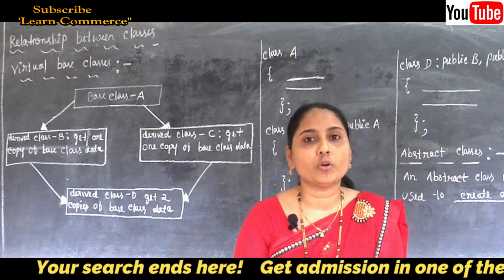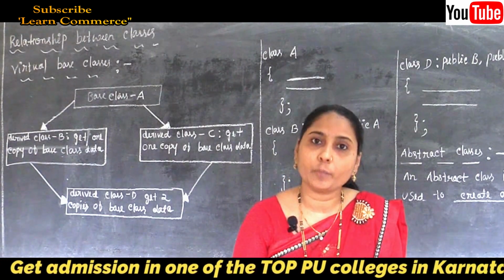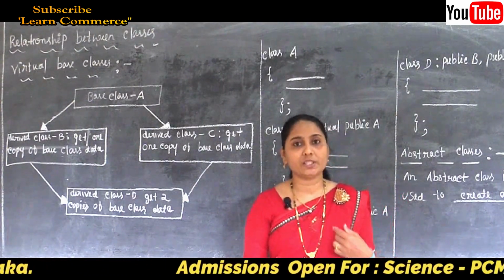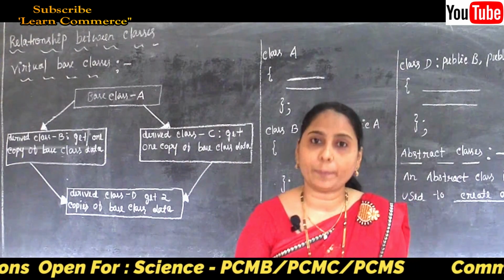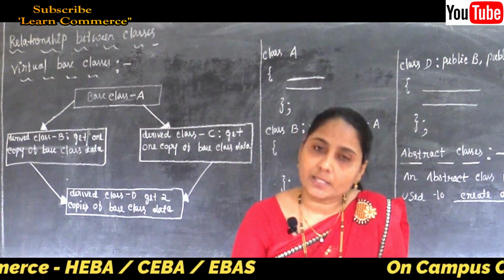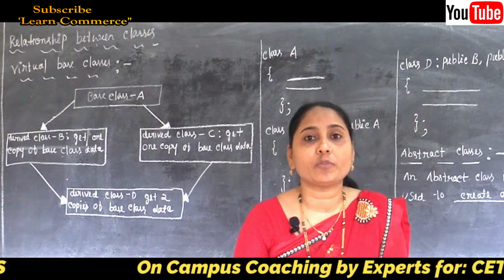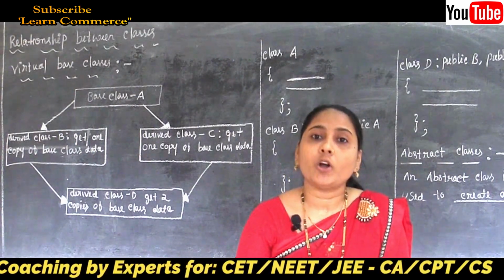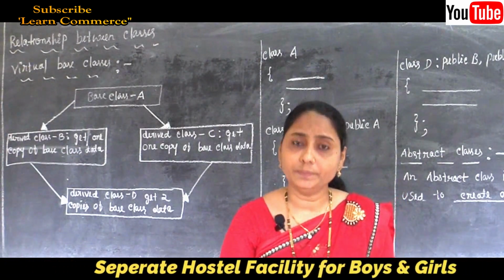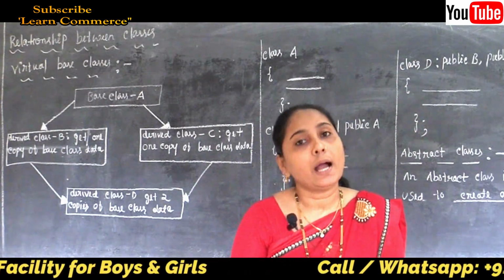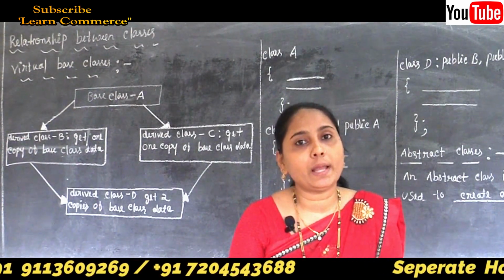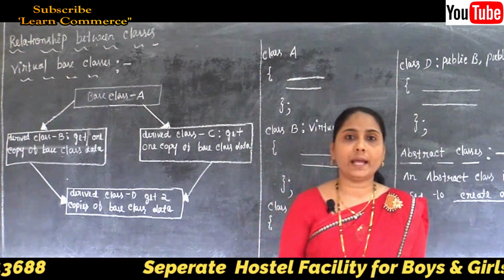The visibility modes are public, private, and protected, and for each visibility mode some rules apply. We also learnt the types of inheritance, that is single inheritance, multiple inheritance, multi-level inheritance, hierarchical inheritance, and hybrid inheritance, with a suitable example of single inheritance.